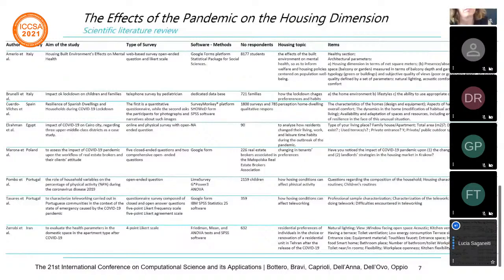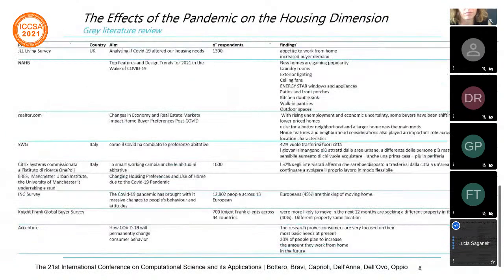Some of them tried to understand, for example, our mental health situation and how this period affects it. Other questionnaires focused more on understanding how flexible our places were in meeting the new requirements for smart working, for example. And the questionnaires have been developed by scholars, by the university, and also by private and public institutions.